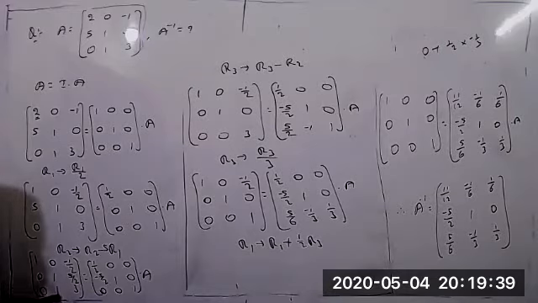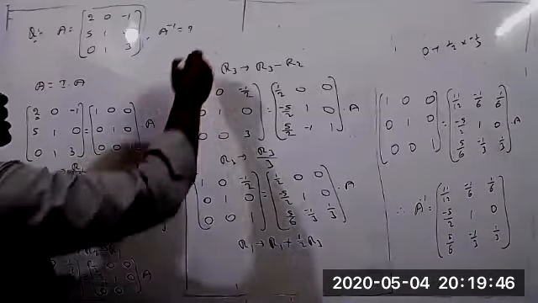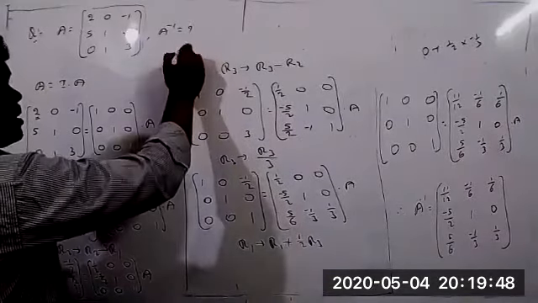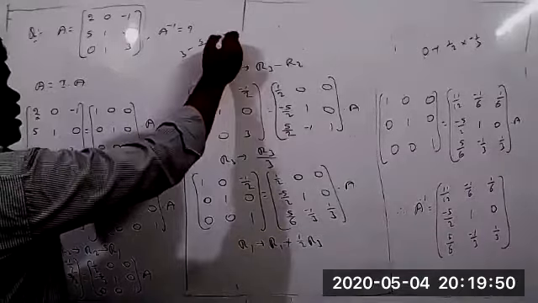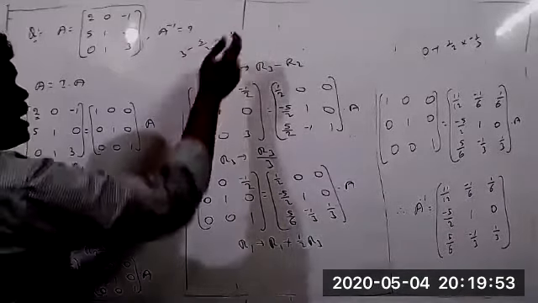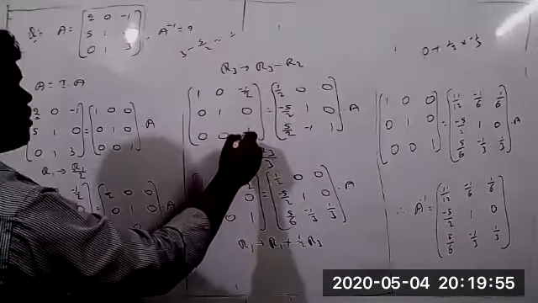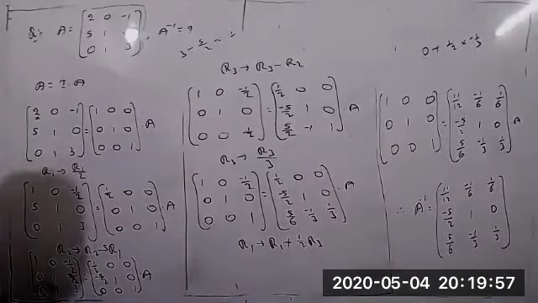We are taking R3 minus R2, so now we got 0 here, but this will get a different element now. So this is 3 minus 5 by 2, no? It is equal to 1 by 2. So now we can get 1 by 2. Am I correct? Yes, sir. 1 by 2.